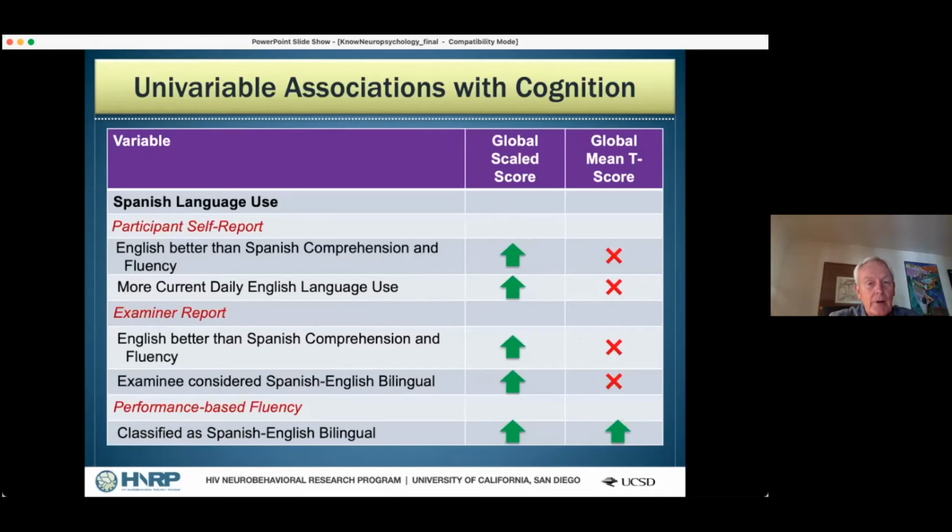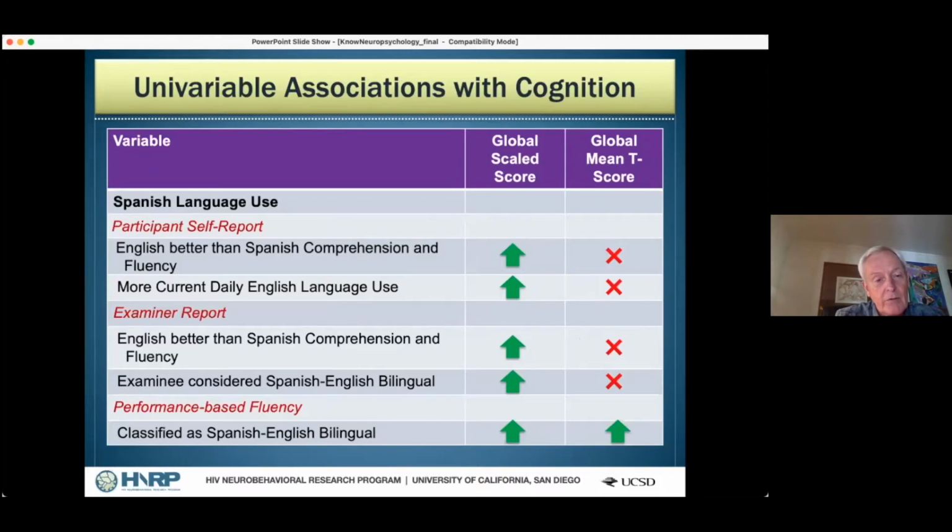And finally, we were interested in language background. And we assessed this in three ways shown here. One is we asked the participants whether they felt their English was better than their Spanish comprehension and fluency.